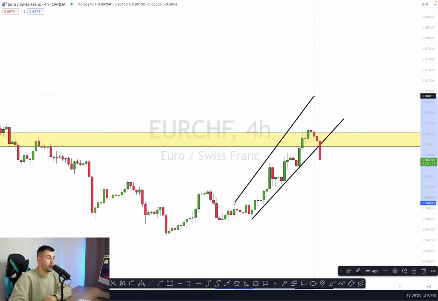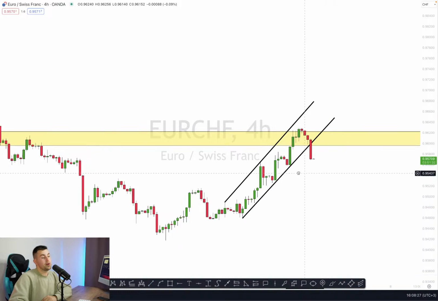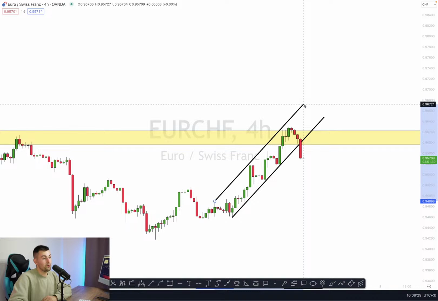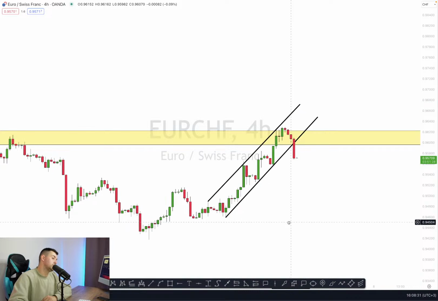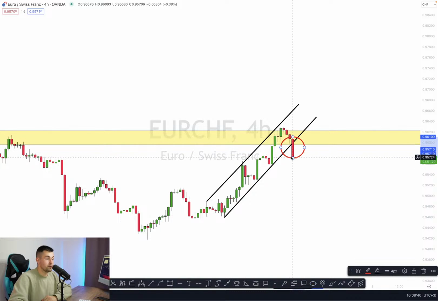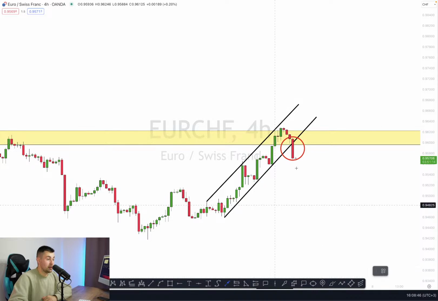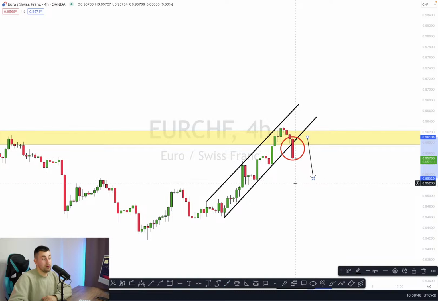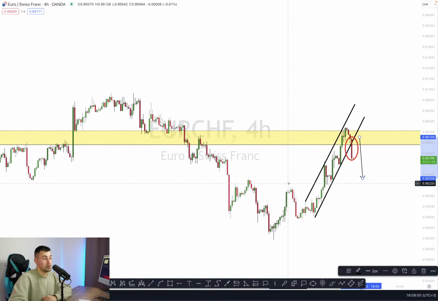On a 4-hour time frame, we now have a confirmed violation of that rising parallel channel. You can see that we have a very nice rising parallel channel that was broken to the downside. Yes, the support of the channel was broken with that imbalance, and I think that the market will most likely drop.